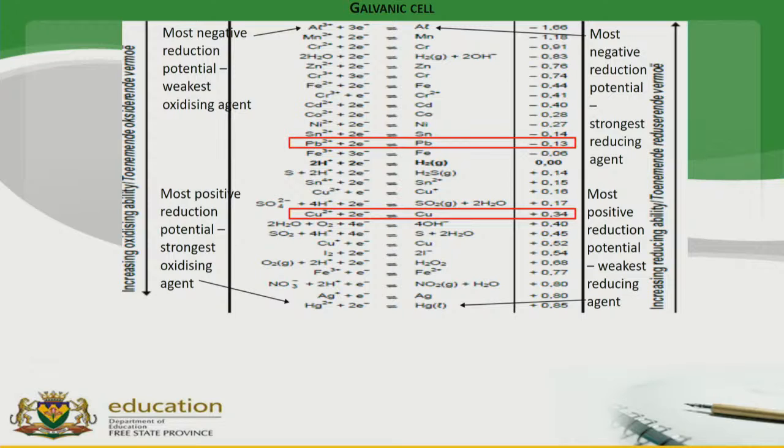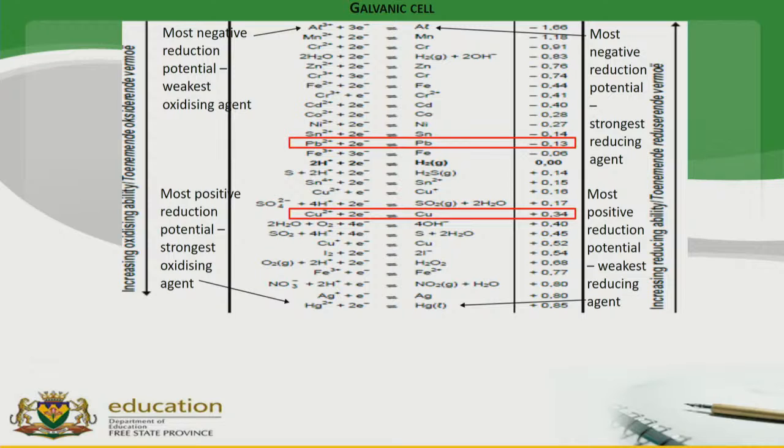Therefore, the substance on the right with the most negative reduction potential will be a stronger reducing agent than the substance on the right whose reduction potential is less negative.